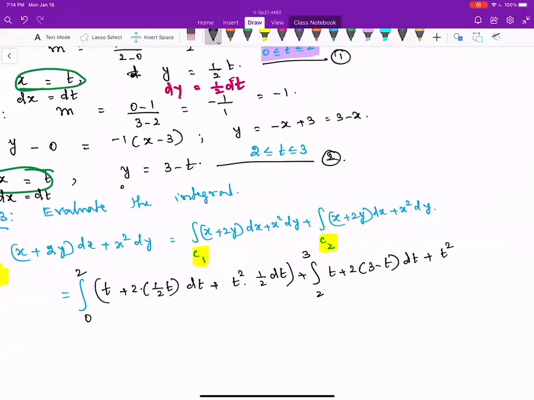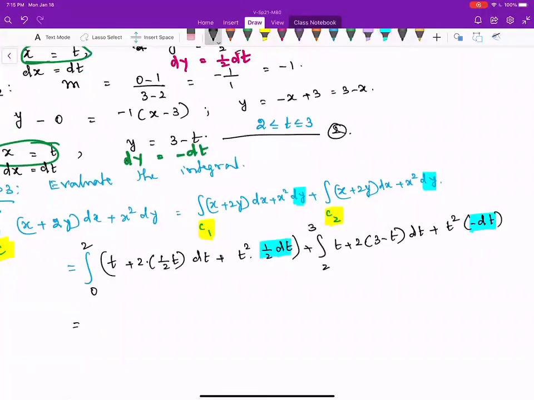For the second curve, dy equal to negative dt. Derivative of 3 is 0, so negative dt. So dy is half dt here, then dy is negative dt here.